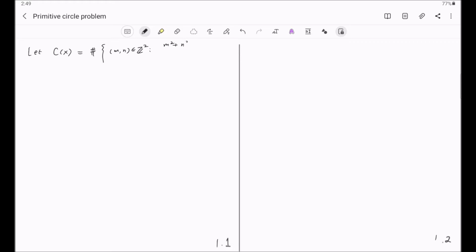That is, m squared plus n squared less than or equal to x squared, and the GCD of m, n is equal to 1. Namely, each pair consists of two coprime integers. And this is precisely what we mean by primitivity.